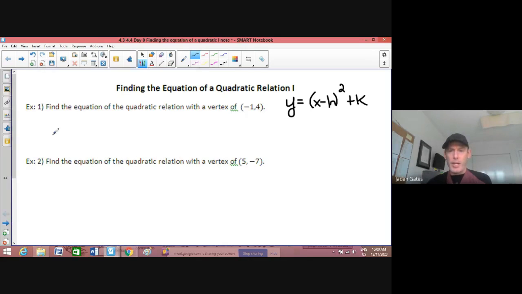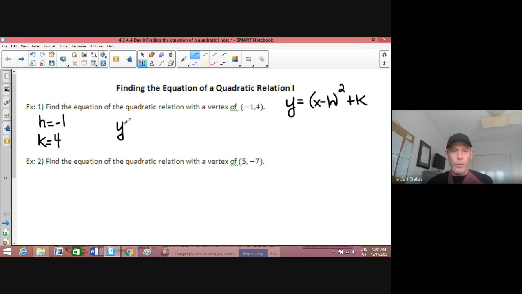And so what that's telling me here is that this vertex, compared to the original, is being shifted left 1, but up 4, which is a nice way of saying if it's going left 1, my h is -1, and my k value is 4. All right, and so I can write the equation of a parabola.